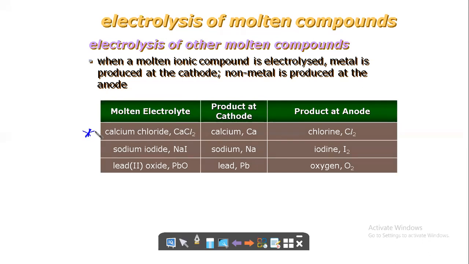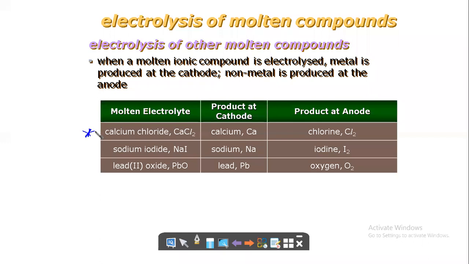What are the two ions here for molten calcium chloride? Calcium and chlorine. Can you tell me the charges too? Ca2+ and Cl-.